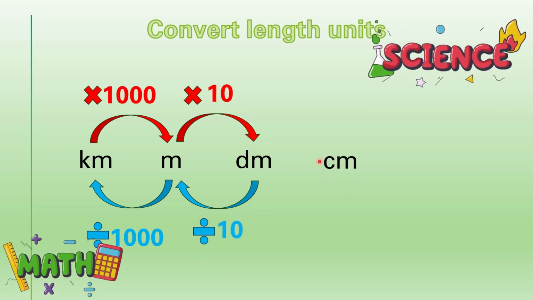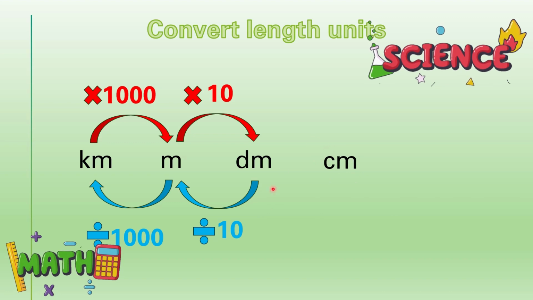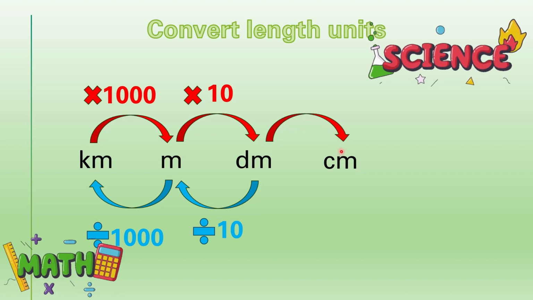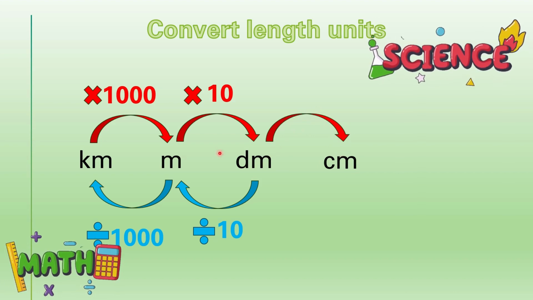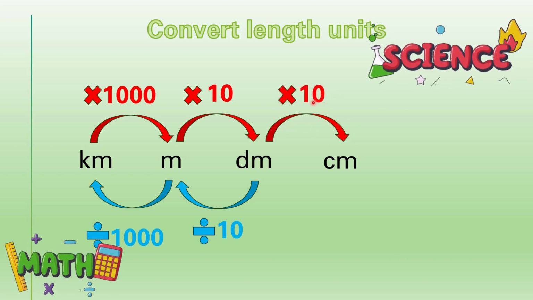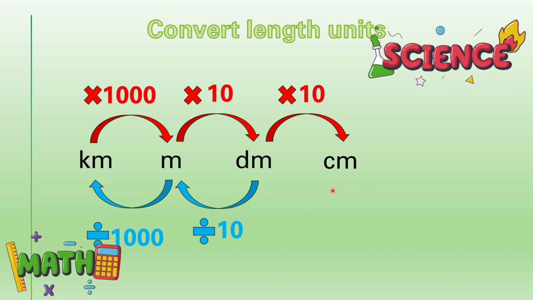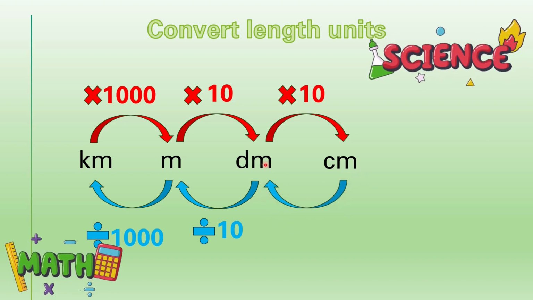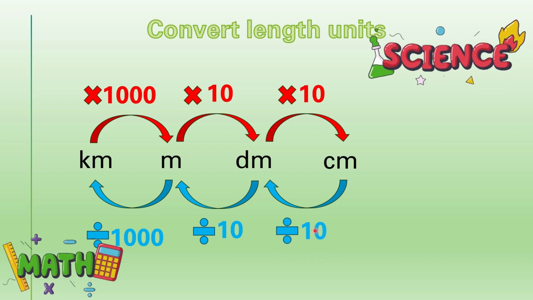Then, if you have centimeter, so decimeter is bigger than centimeter. So if you are going from biggest to smallest unit, so from decimeter to centimeter, then you are doing multiplication by 10. If you are going in opposite direction, so from centimeter to decimeter, so you are going from smallest to biggest unit, so you are dividing by 10.